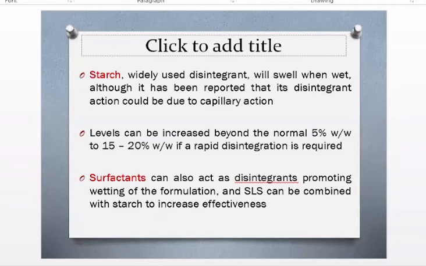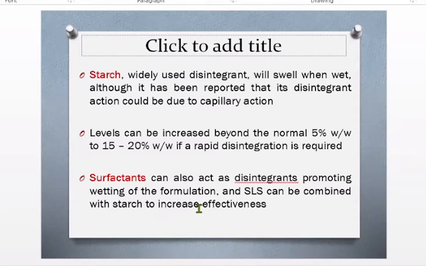So I've added a number of examples. You've got starch, widely used as a disintegrant. It swells when wet. It has also been reported that the action could also be due to capillary action. That is, it draws water into the system, into the tablet. Once it draws water in, it disintegrates, forming passages within the tablet.